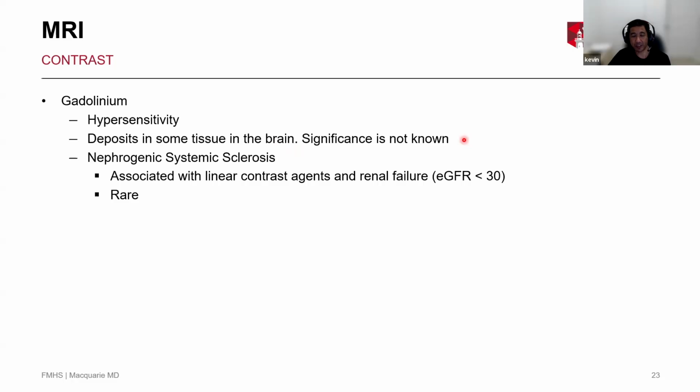Although we have been doing this for decades now, and no one's actually been able to prove there's ever been a problem, so I'm assuming it's okay. There's also a thing called nephrogenic systemic sclerosis, which is a very debilitating, I think lethal condition, but it's extremely rare. And it occurs in people with renal failure with specific contrast agents.